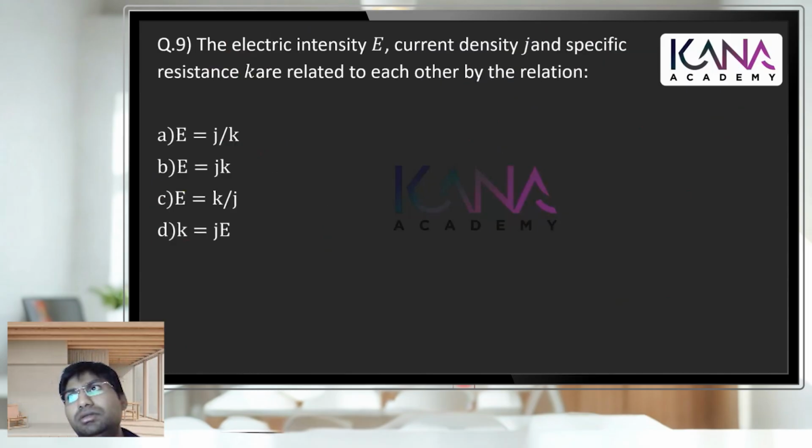8. Then 9th. So the electric intensity E, current density is J, and specific resistance K. They are related to each other by what relationship, they have asked.